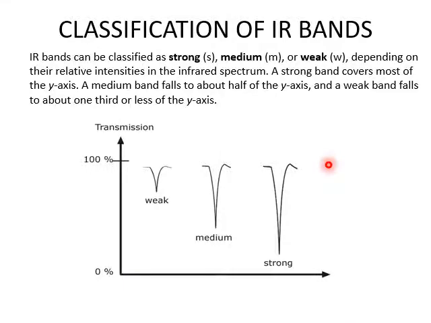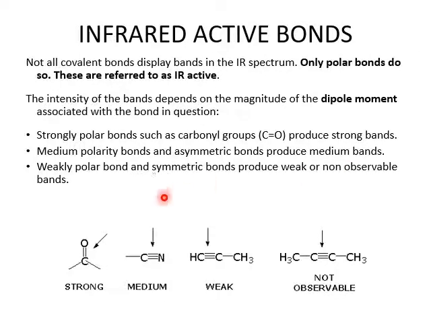So we will have different kinds of IR, a weak IR, a medium IR spectrum, or a strong IR spectrum, which I will show you some examples for each of them in the next slides. The point here is that only polar bonds will absorb the IR spectrum and display bands.